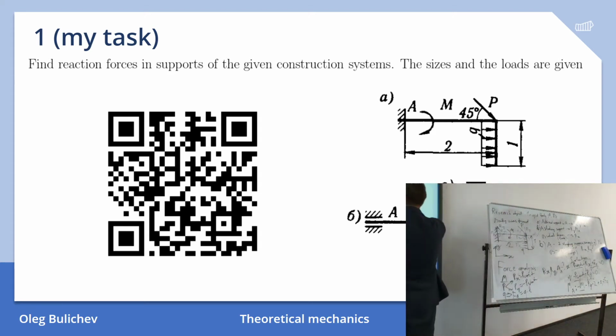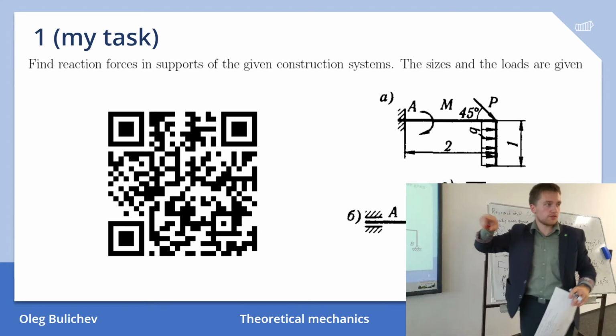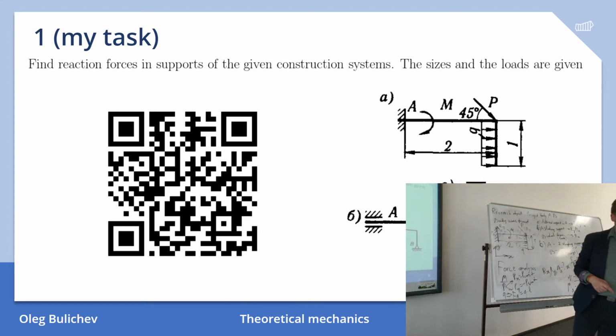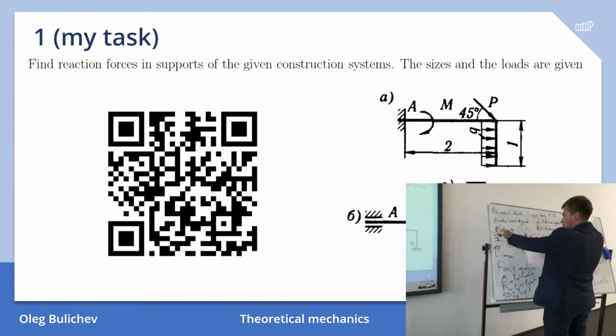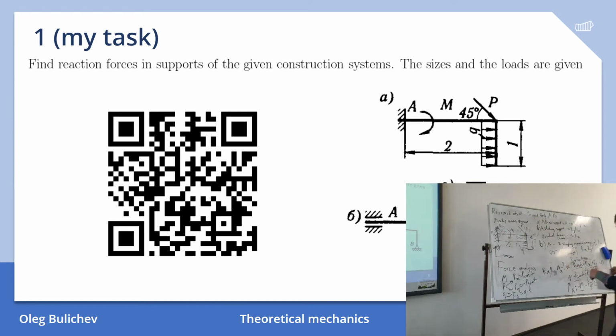If you rotate, it will rotate counterclockwise. So you need to find a perpendicular y of 5 because it should be perpendicular to this point. Plus MA equal to 0. We know this, and this. We solve the task.